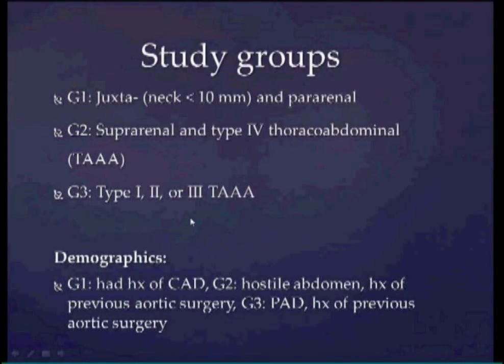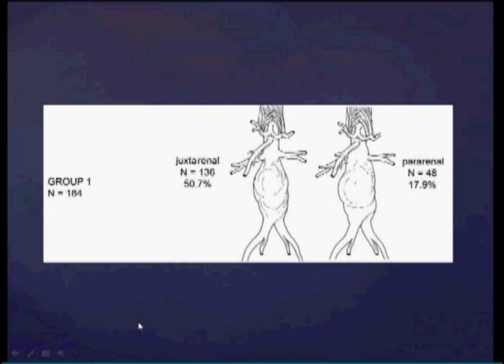The G3 group was all the way up to subclavians, basically a thoracoabdominal aneurysm. So you can see very nice pictures of those.